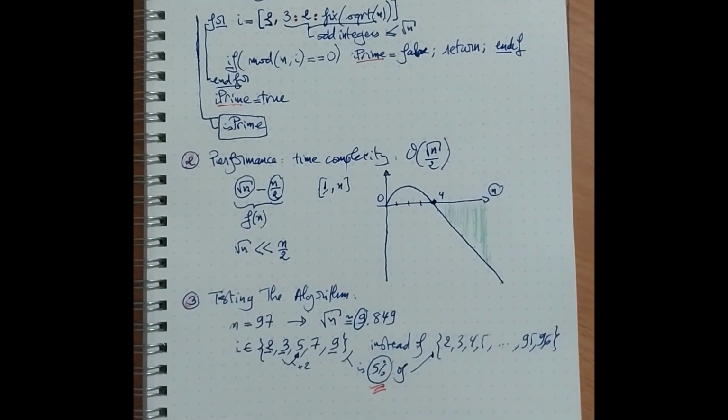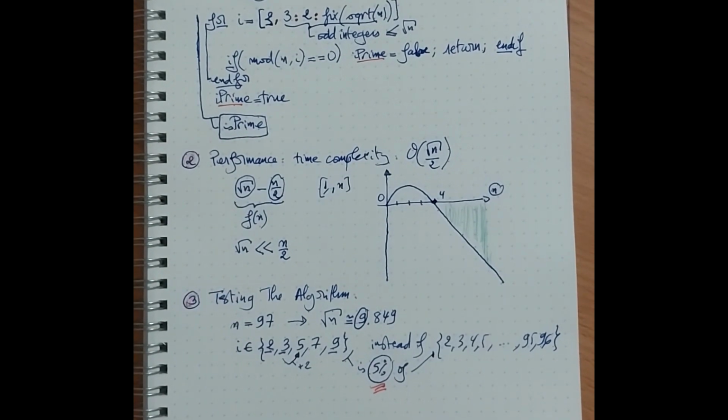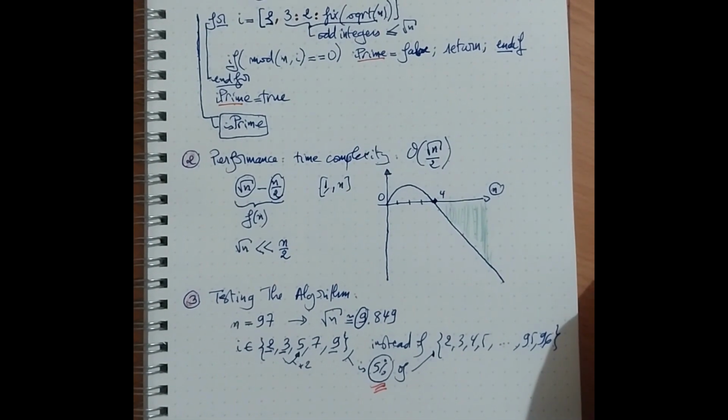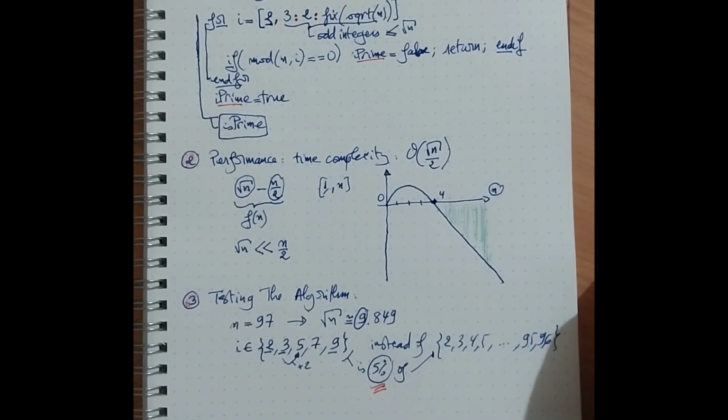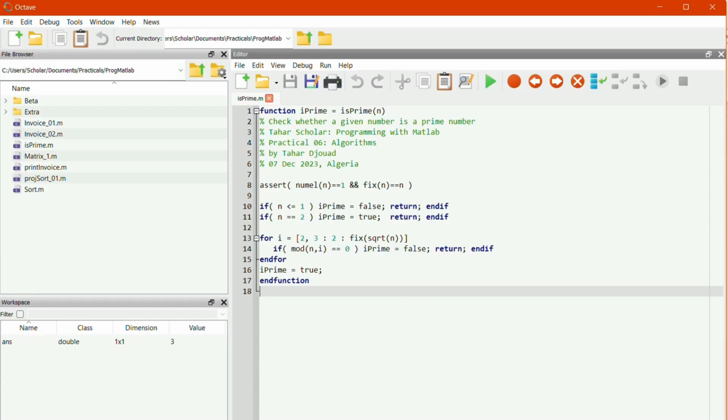Let's go to the computer setting and see how our function works. We will test it with a script. So our function is isPrime. We have stored it in the file isPrime.m.